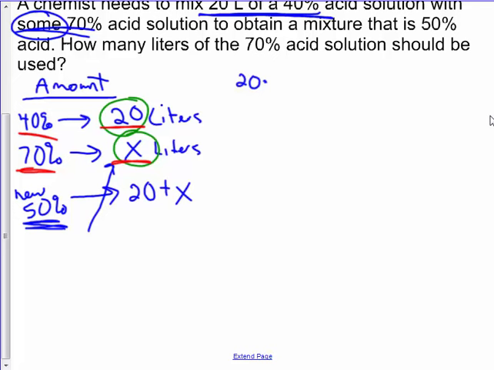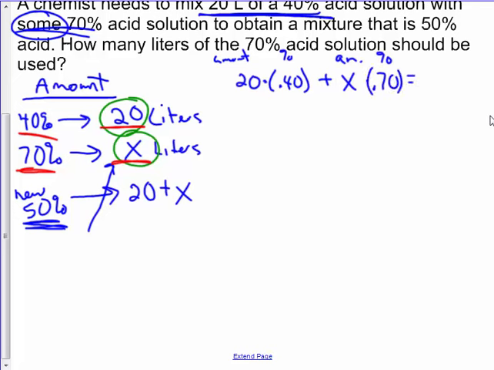The amount times the concentration. And I'm going to add it to my second one, the 70%. So again, the amount, which is X, times the concentration, which is 70% or 0.7.